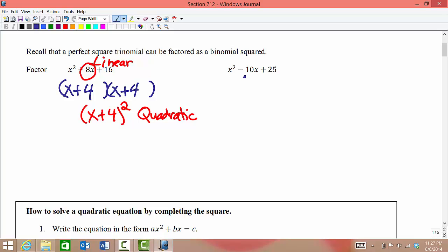Now the next one, when I go to factor this with reverse FOIL, we have x and x. Our signs, since the last one is positive and the middle sign is negative, then we know they're both going to be negative. And for 25, we have 1 and 25, or 5 and 5. In this case, 5 and 5 will work.